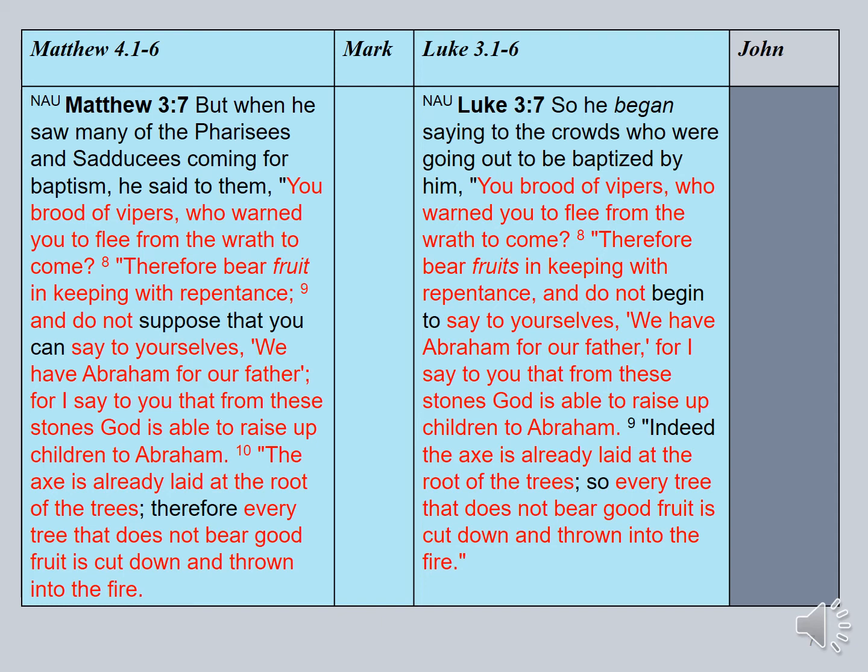Only by paying attention to the differences between the Gospels can we accomplish that.